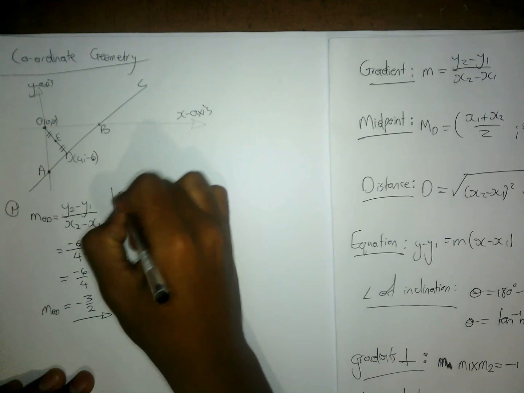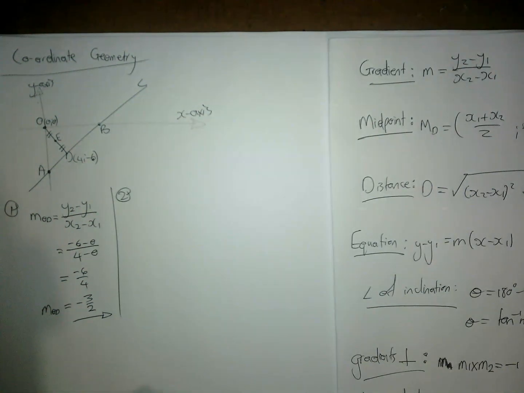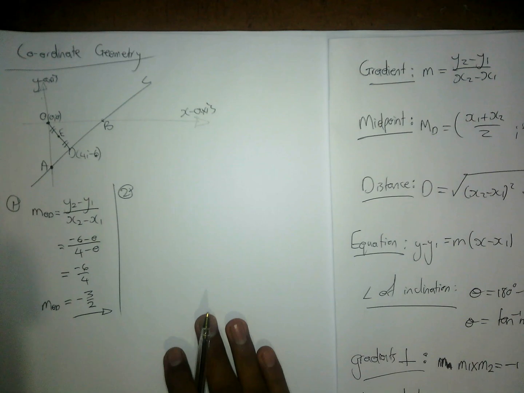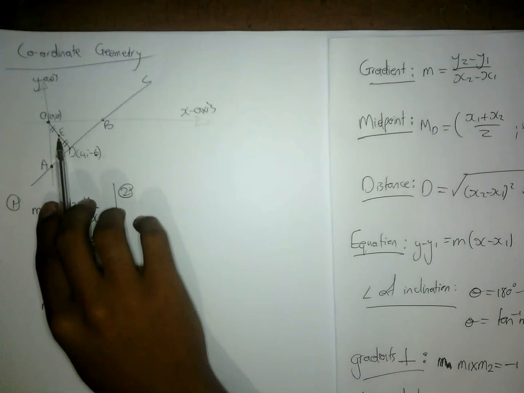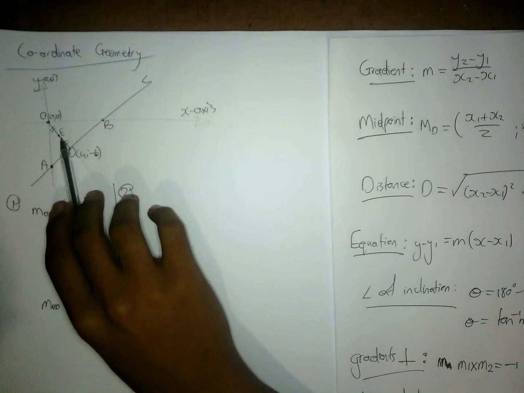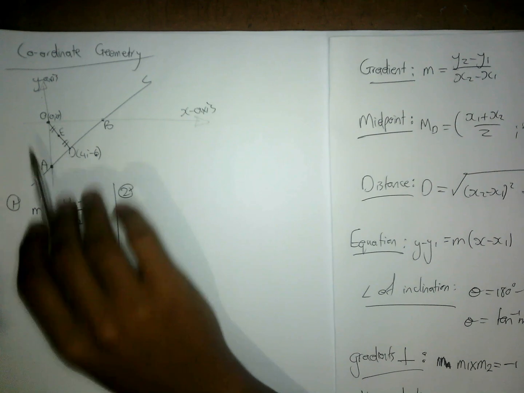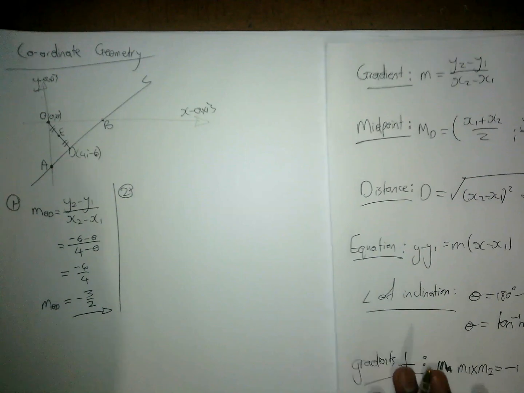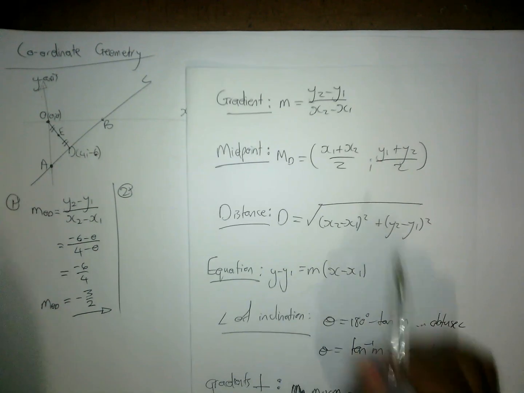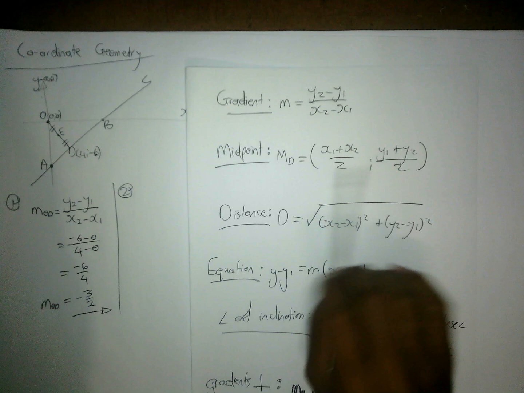So number 2 is saying calculate the coordinates of E. And we were told that E is the midpoint of line OD. So to get the midpoint, we're going to use the midpoint formula.